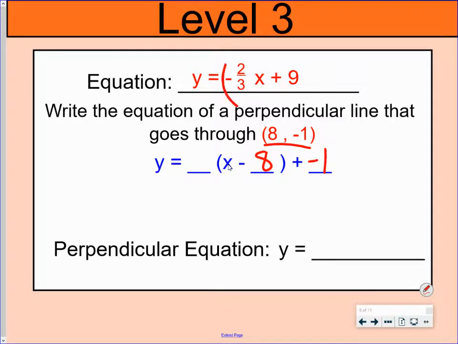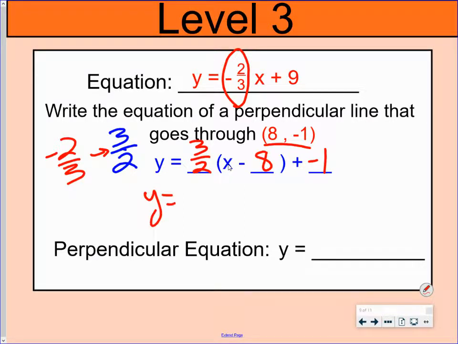We want the slope of a line that's perpendicular to negative 2/3. So negative 2/3 was our original slope. The opposite reciprocal would be positive 3 over 2. So this one's going to have the fraction 3 over 2 for our slope. And we're going to work through this.